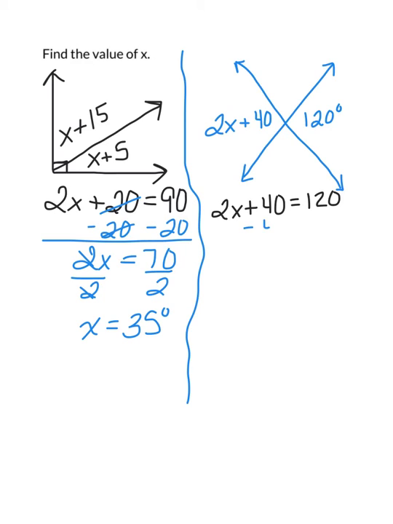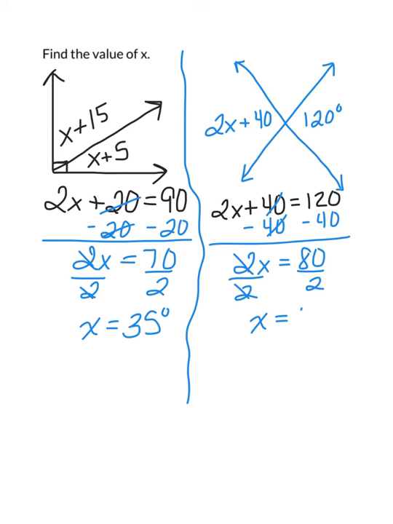I'm going to subtract 40, cross out my 40s. 2x is equal to 80. Then I'm going to divide by 2, and x is equal to 40 degrees. So again, because I knew that this was going to equal this, I just set them equal to each other and I solved the equation.